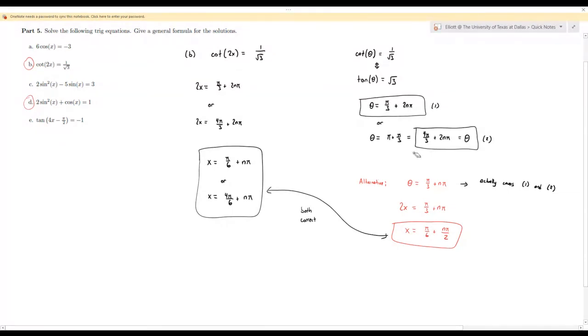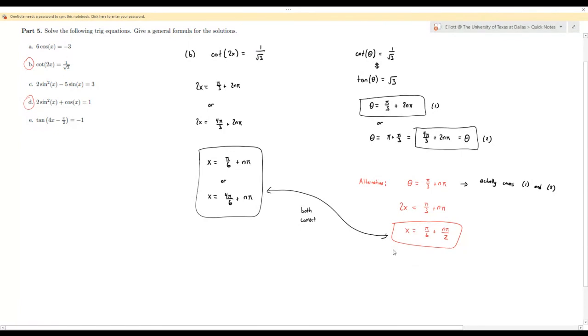Now here I included the 4 pi over 3 when I was doing the black solution. But the black solution is actually like these two together can be combined into this one single equation in red. So you could either do these two separately, or you could do this one thing in red, and they would both give you the right answer in the end.